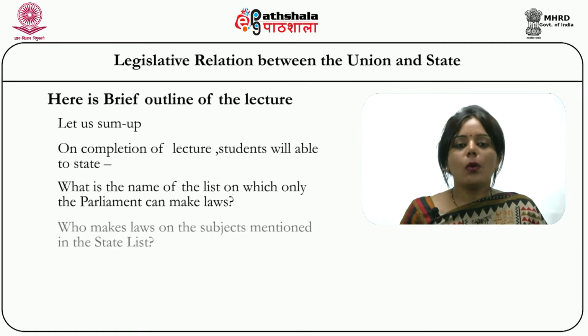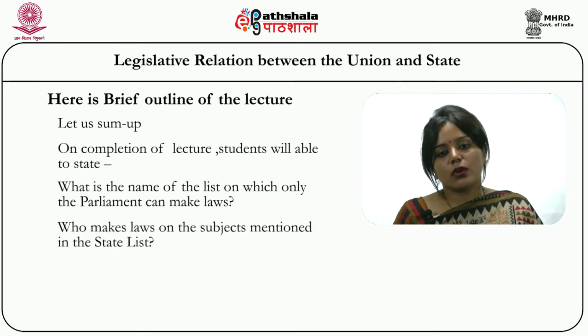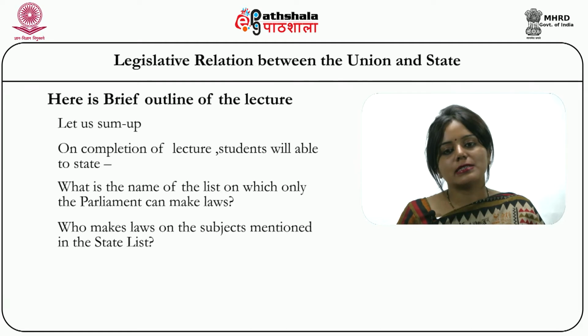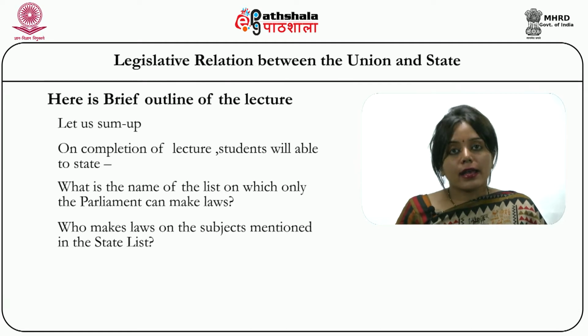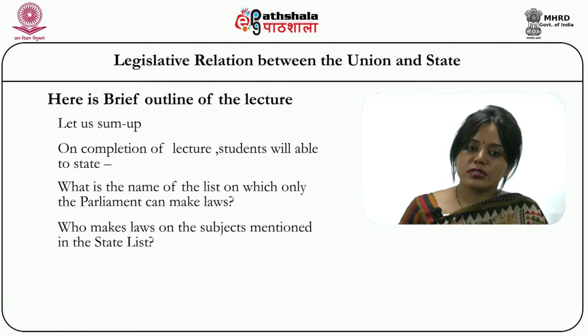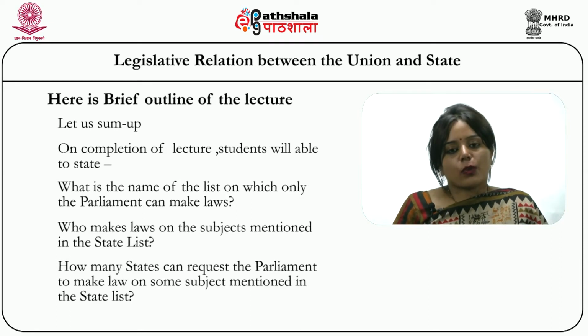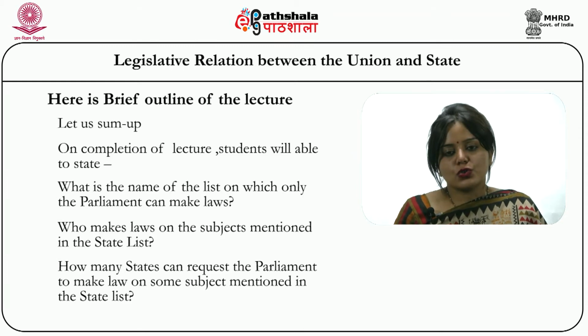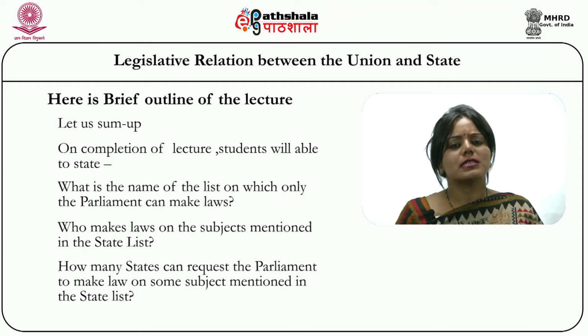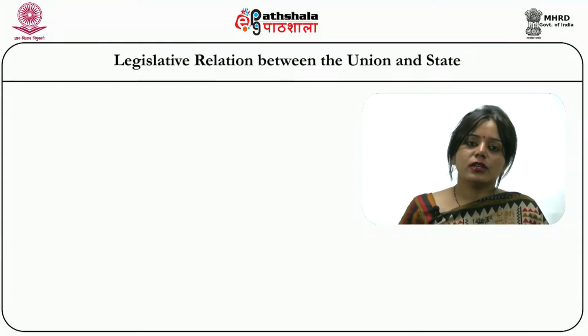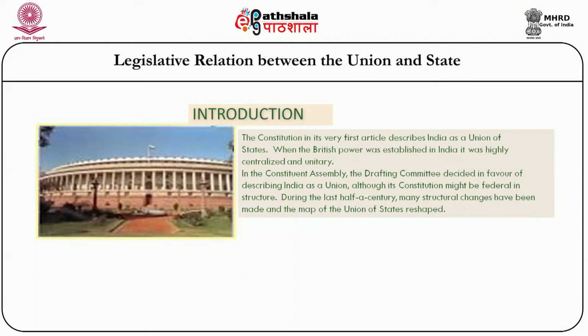After that, who can make laws on the subjects mentioned in the state list, and we will also be able to state how many states can request the Parliament to make law on some subject mentioned in the state list. So dear students, let us come to the introduction portion of the legislative relations between Union and States.